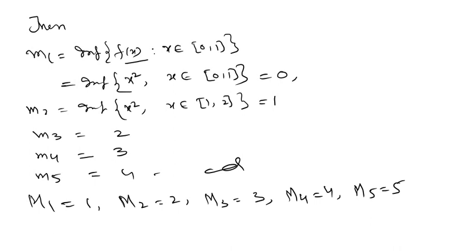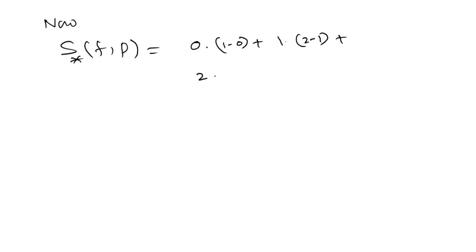Now let's find S lower star. S lower star of this function f with respect to that particular partition is the sum of these products: m1 into the length of the first interval, that's 1 minus 0, plus 1 into the length of the second interval, that's 2 minus 1, then 2 into the length of the third interval, 3 minus 2, then 3 times the length of the fourth subinterval, that's 4 minus 3, plus 4 times the length of the fifth subinterval.